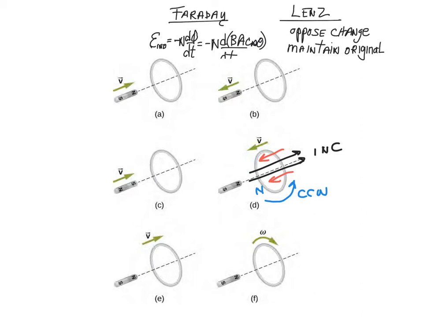And in order to get a field in that direction, the current and the EMF have to be counterclockwise, looked at from this side. And a counterclockwise current going through a loop means that this front face that we're seeing is the North Pole of the magnet. So a North Pole is approaching a North Pole and you feel repulsion. So that's all consistent with Lenz's law.